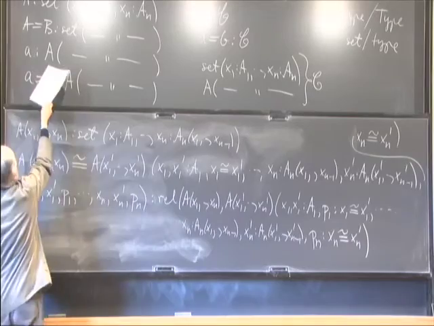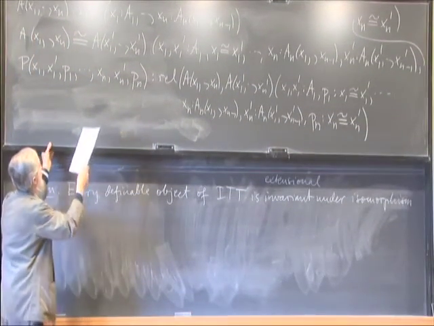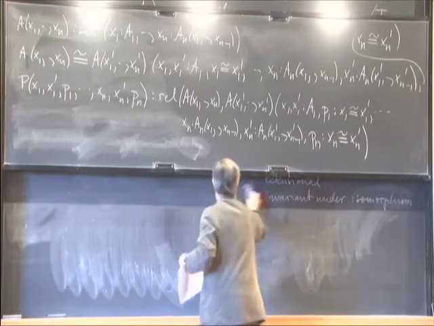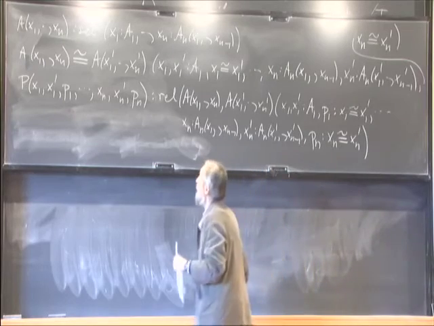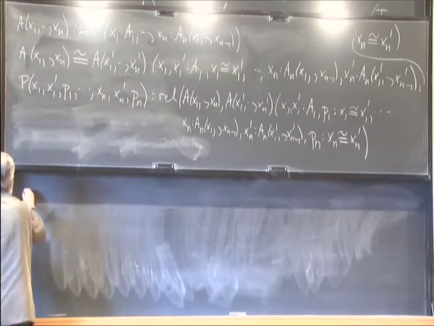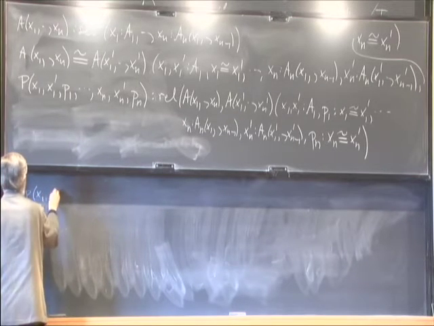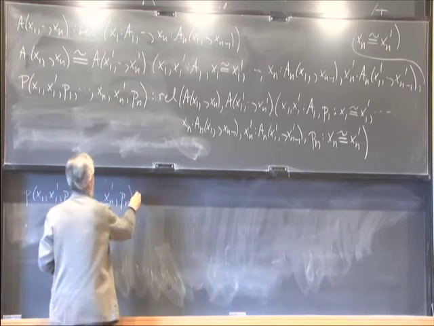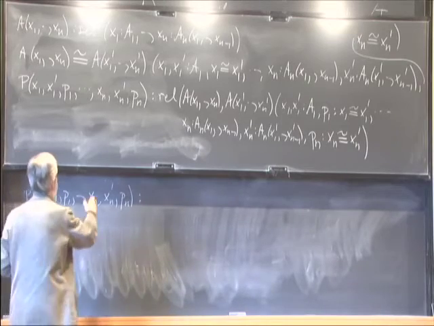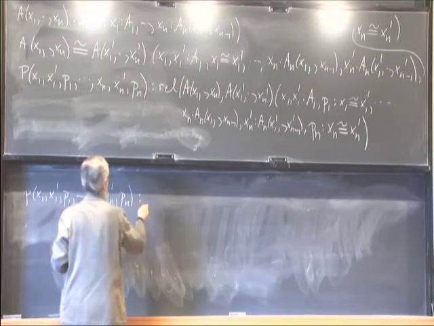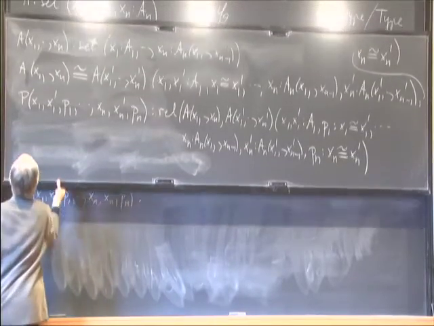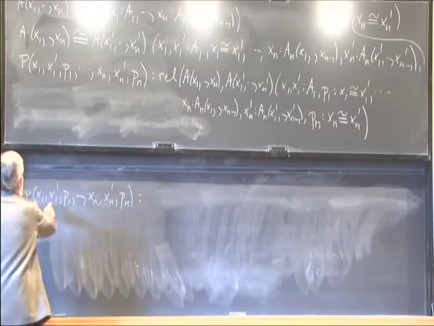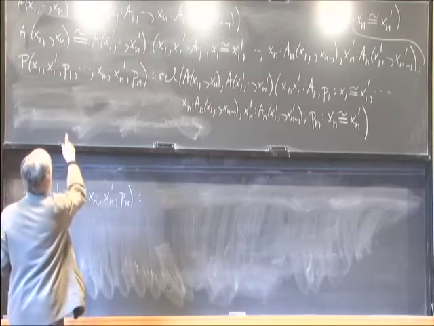But in the case of the third line, we must, of course, do the analogous thing here, namely we must have a proof, little p, of these arguments, x1 prime p1, xn prime pn, a proof that little a of x1 up to xn, and little a of x1 prime up to xn prime stand in this relation to each other.